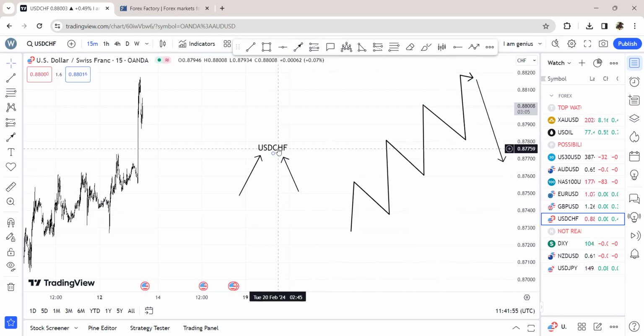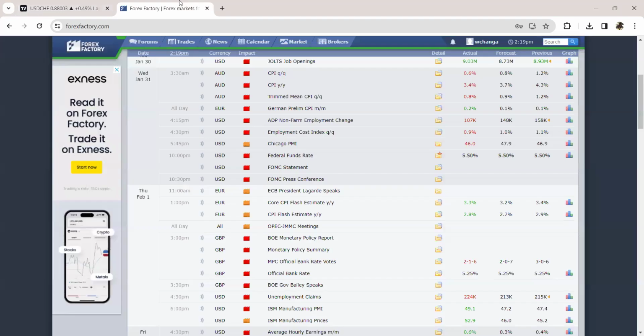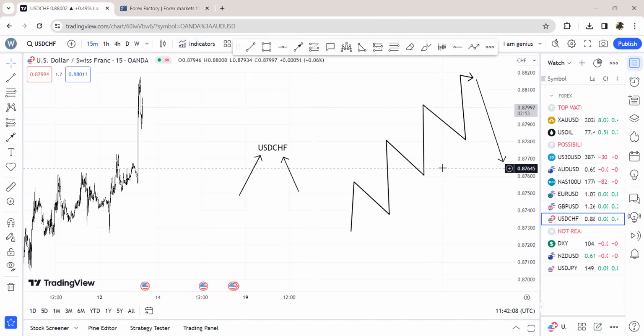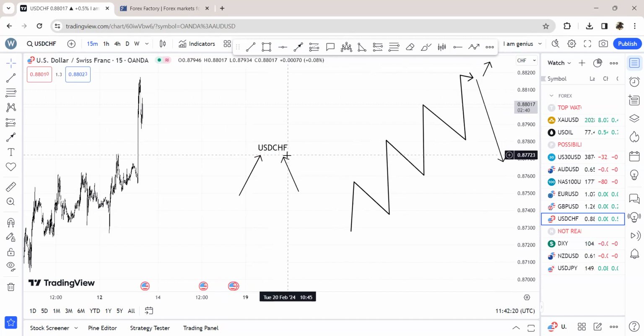If the news release is negative for the quote, meaning the actual is red, it means that when you come back to this, it has to push the market upwards.